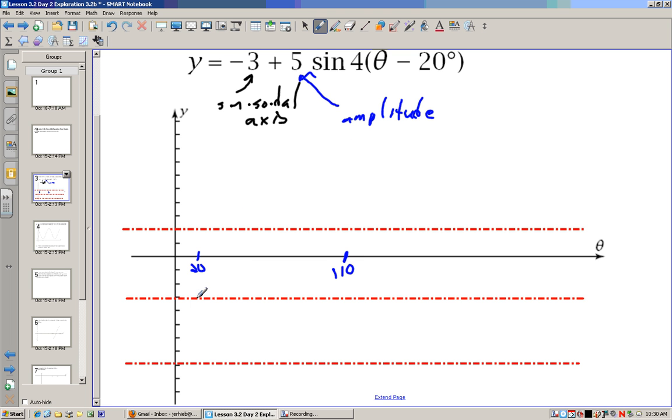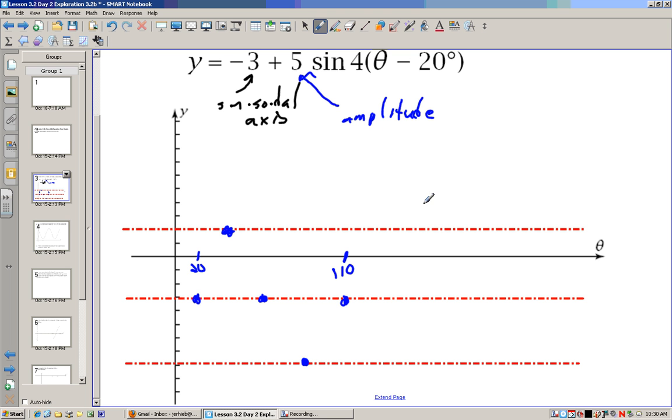Now sine is going to start in the middle, and it's going to end in the middle. And then it's going to go up, down, and back to that. So halfway through it's going to cross in the middle. A quarter of the way it'll be on the top, 3/4 of the way it'll be on the bottom.